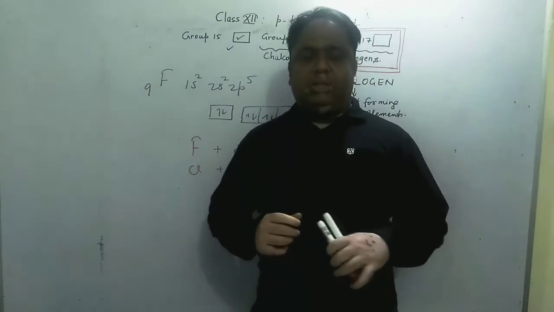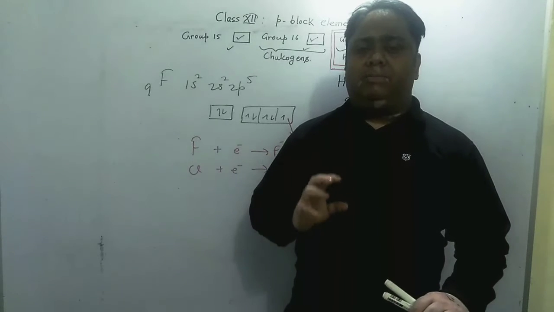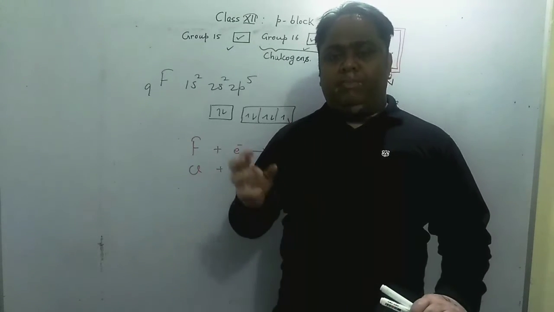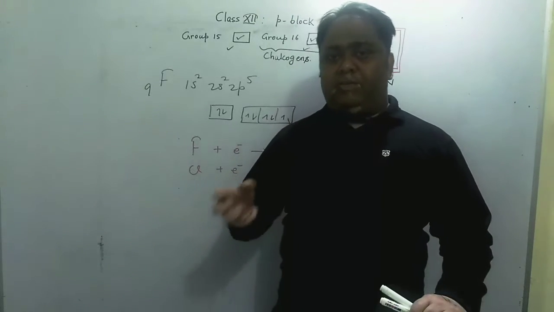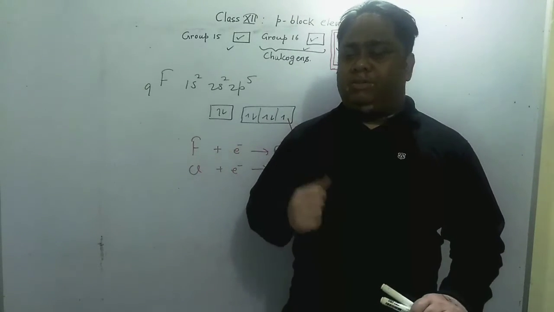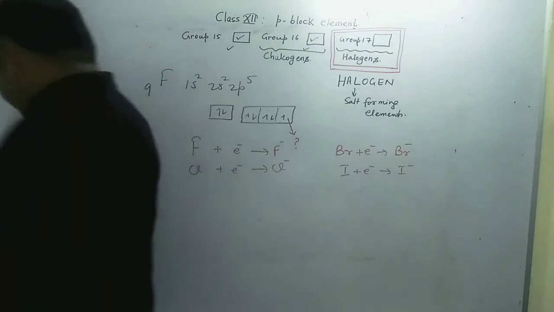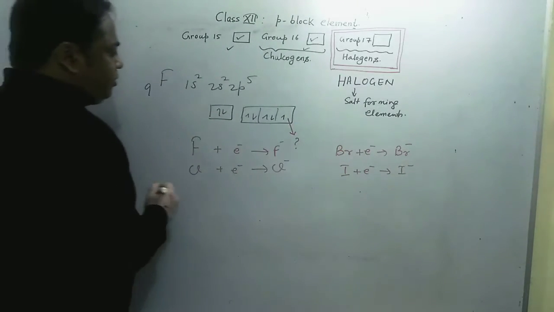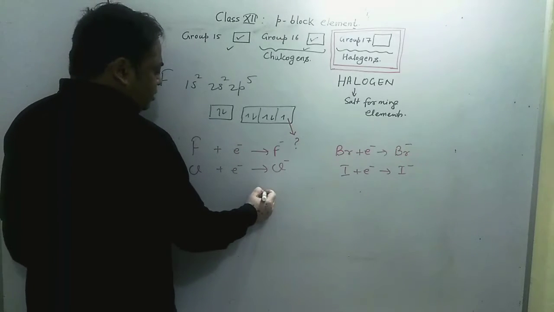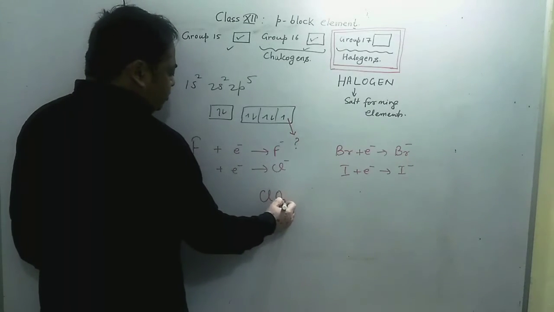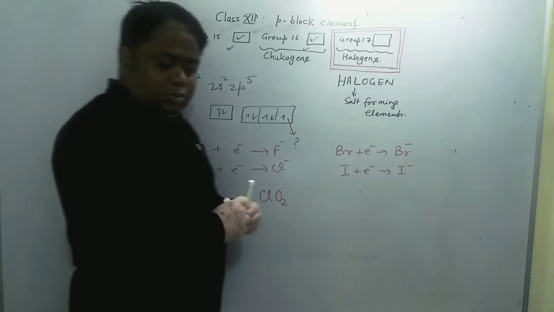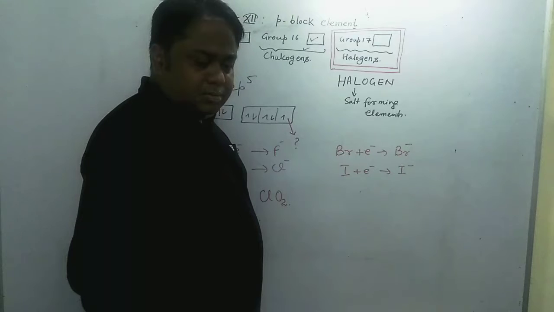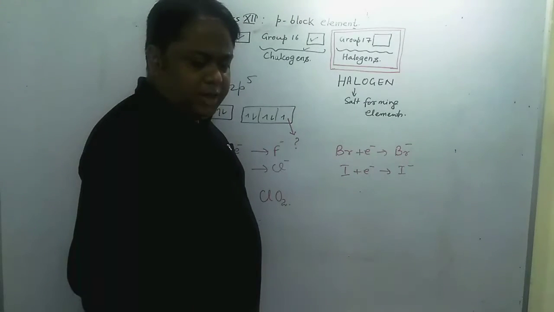No, because these oxidation states are relative in terms. Like if we combine them with any element whose oxidation number is negative, then they will start behaving like an electropositive element. Example, say if you take ClO2, okay, what is the name of ClO2? HClO2 is chlorous acid. This you have to study.